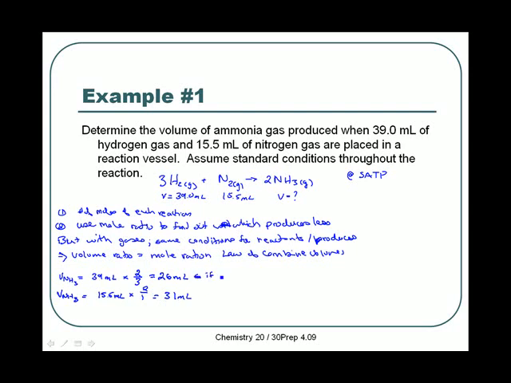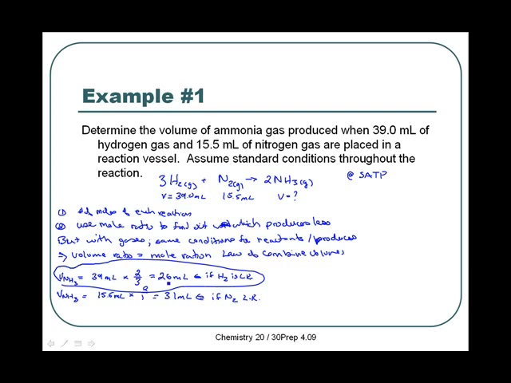This one is if H2 is the limiting reagent, and this one is if N2 is the limiting reagent. We look at the one that produces less, and the one that produces less is our hydrogen.